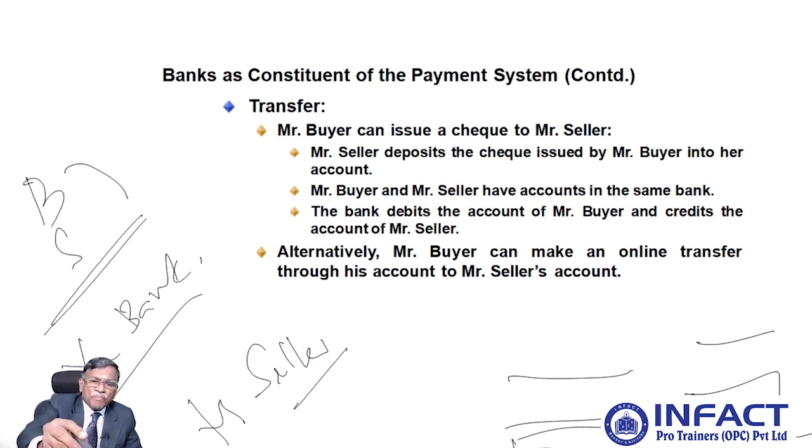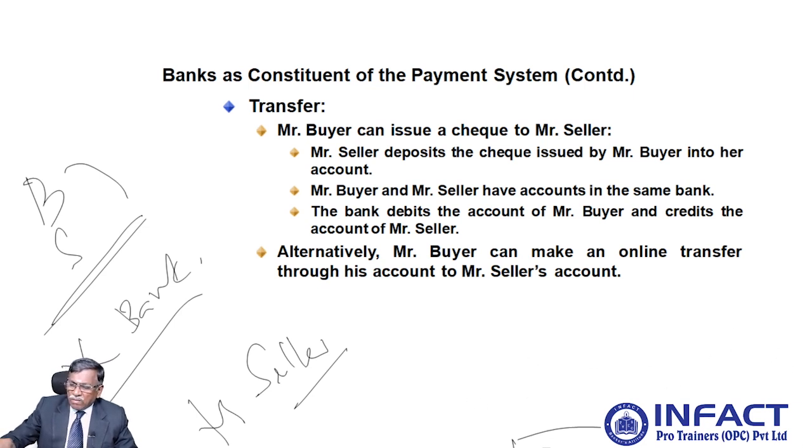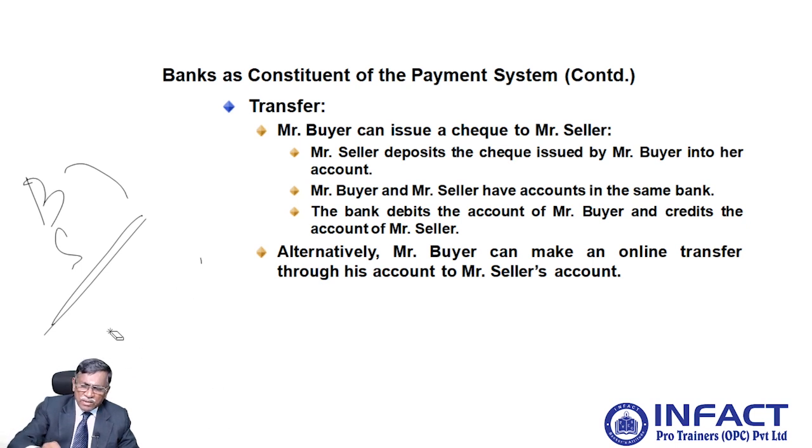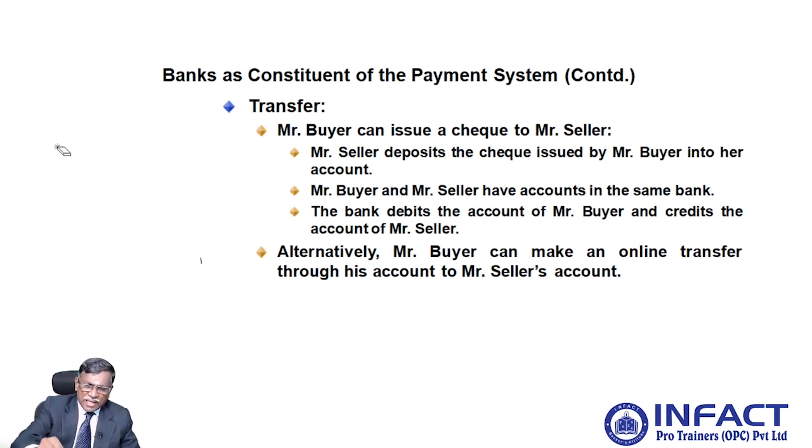What happens? Once the check is given to the seller by the buyer, and the bank accepts the check, the bank debits the account of the buyer and credits the account of the seller.